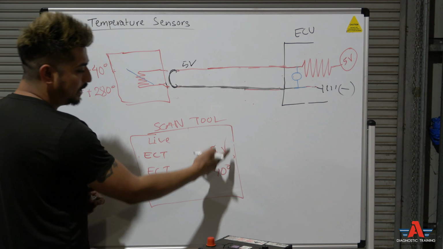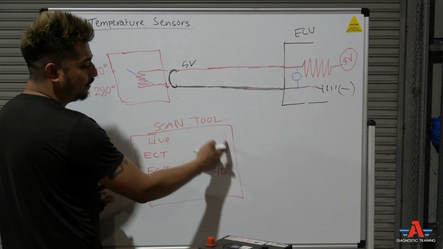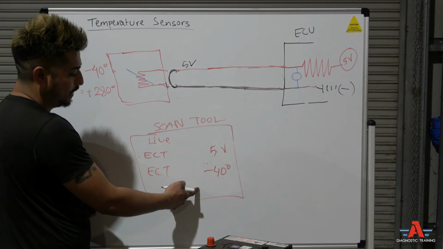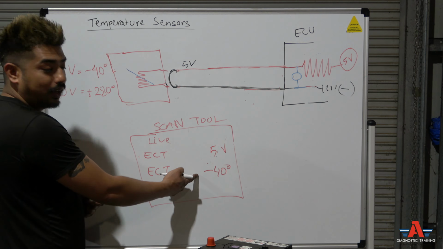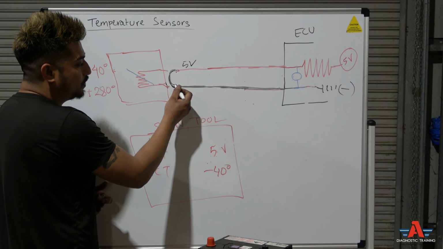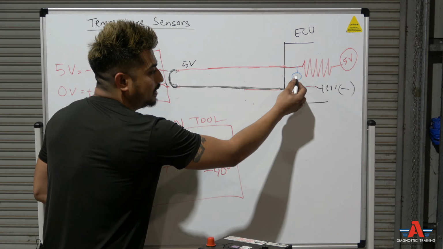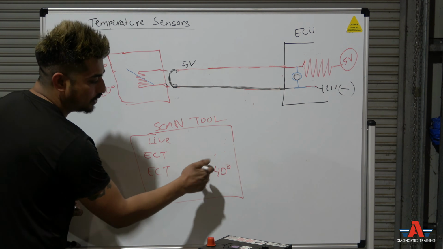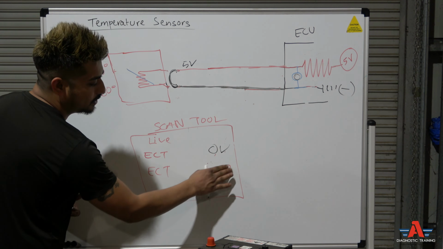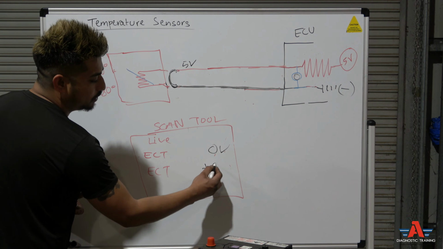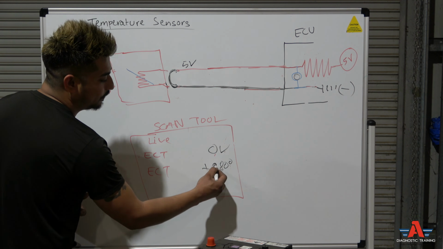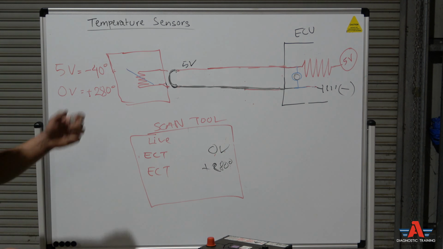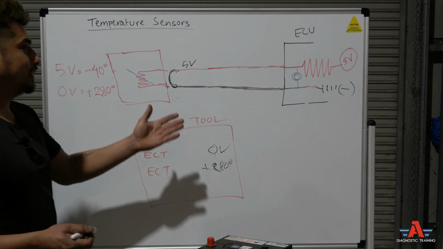So let's say your scan tool is stuck at 5 volt. As soon as you jump these two wires, what's the sensing circuit going to see? 0 volt. What's the live data going to do? It's going to jump to 0 volt, and the temperature is going to jump to positive 280 degrees. There are a few bypass tests you can do here, guys.